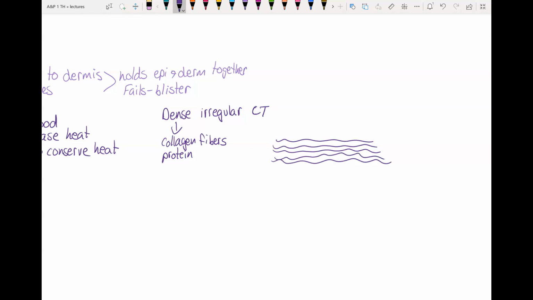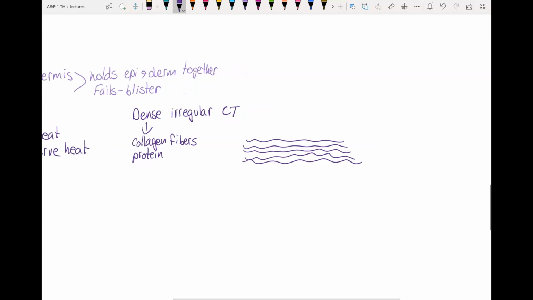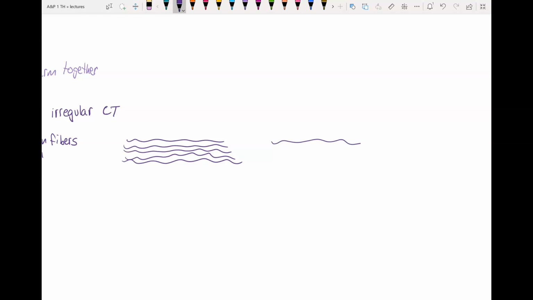There's two types of dense connective tissues, regular and irregular. We'll go ahead and draw two here so you can see the difference. Regular, all the collagen fibers are parallel. In irregular, you have some that crisscross like this.